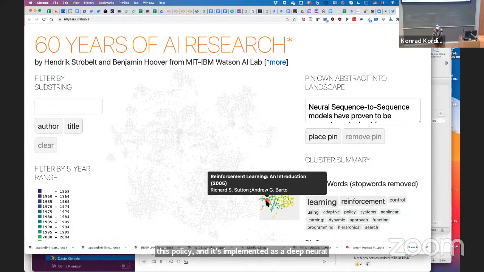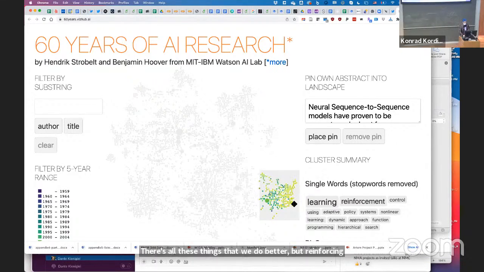But it's just a plug-in thing where you're like, okay, here's a reinforcement learning algorithm, let's put something in that makes something better. And now, of course, we do many things better. Our exploration strategy is better, and we do Monte Carlo tree search. Our position evaluation for, say, playing games like chess is better, and we use ConvNets for that. There are all these things that we do better, but reinforcement learning is an old field.